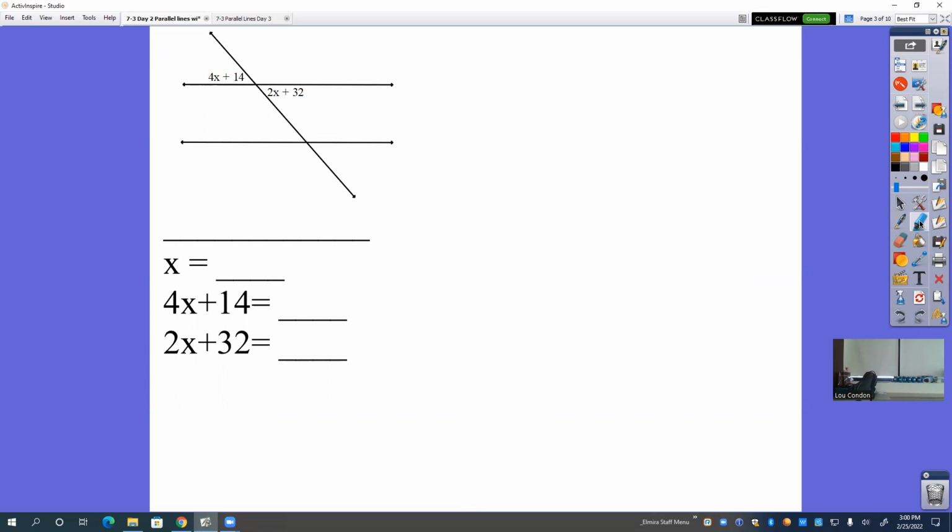So now we have this angle and this angle. They are directly across from each other, so we know that they are vertical angles. And vertical angles are equal. So 4x plus 14 equals 2x plus 32.